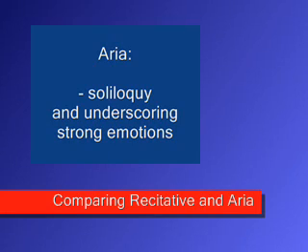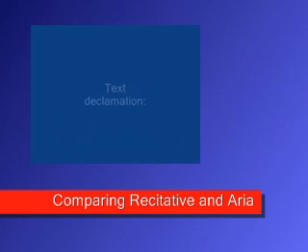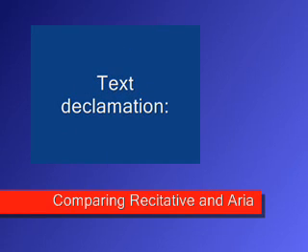Again, notice how different the two are. Recitative for the simple functions of narration and dialogue, aria for the more exalted functions of soliloquy and underscoring strong emotions. The text declamation is different for each of the two, and by this I mean how the text is actually presented.